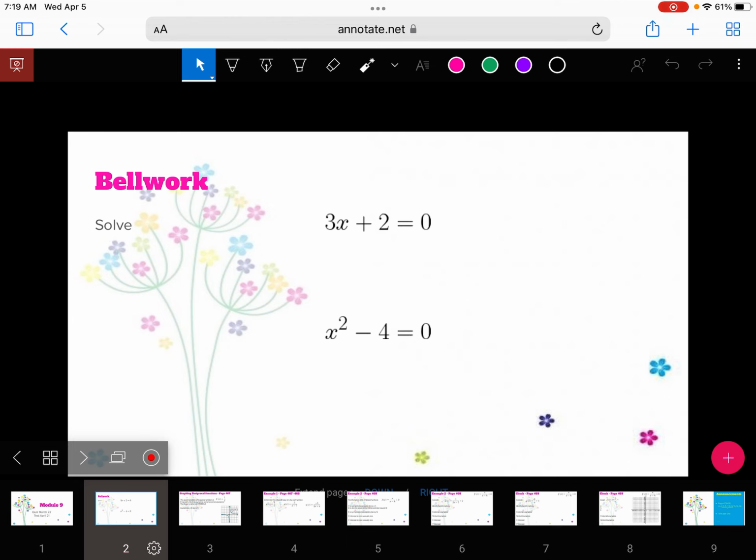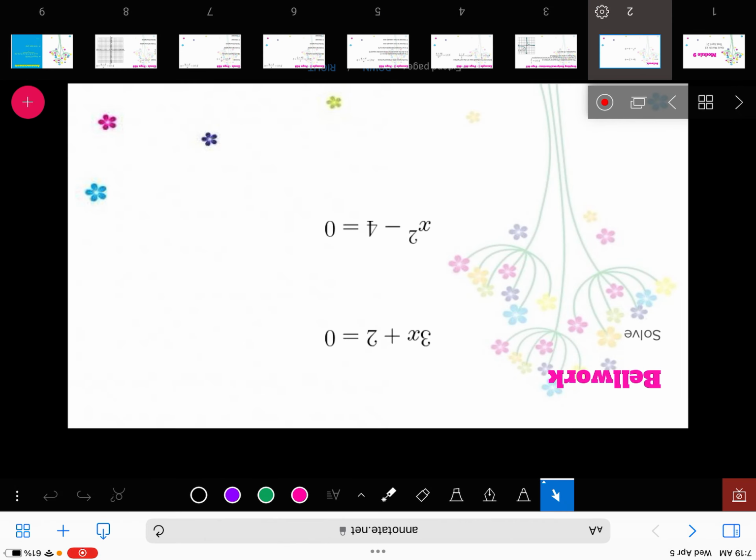How do I solve that? Y'all, this is not the hard question up here. How do we solve this?